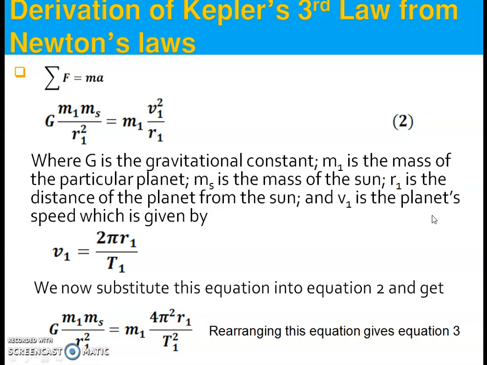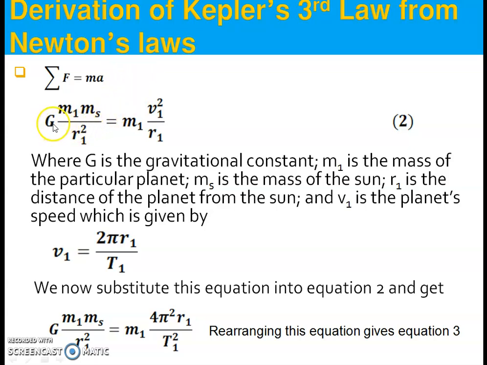Derivation of Kepler's third law from Newton's laws. Kepler's third law can be derived from Newton's law of universal gravitation and second law of motion as follows. Sigma F equals mass times acceleration. This is from Newton's second law.